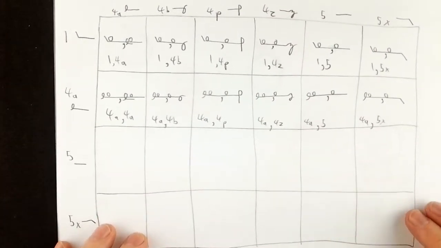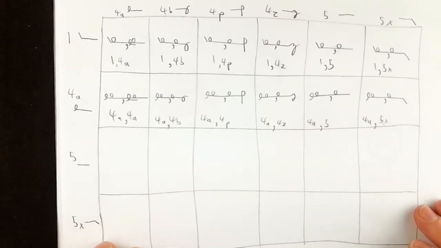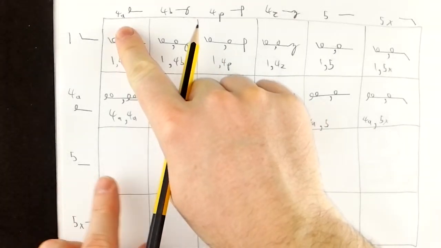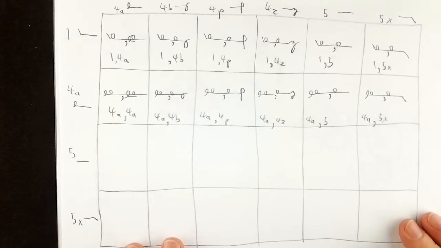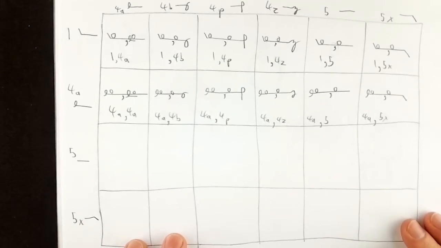Now let's write the next ones. You can pause the video and catch up to me. 5, 4A, 5, 4B, 5, 4P, like this. You can write, and please write all of the symbols.